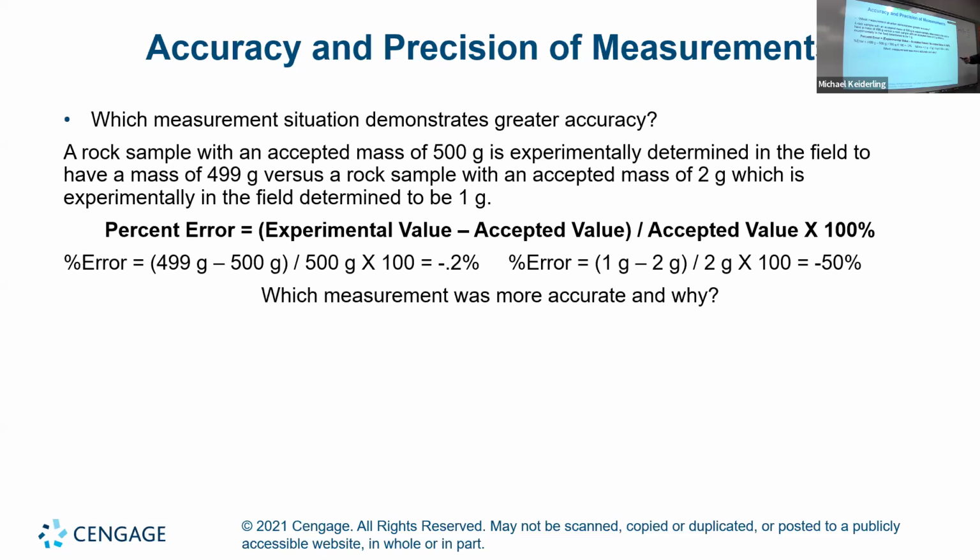That first measurement, the 500 gram rock, is the more accurate measurement because the percent error is much smaller. The error is a smaller portion of the whole.